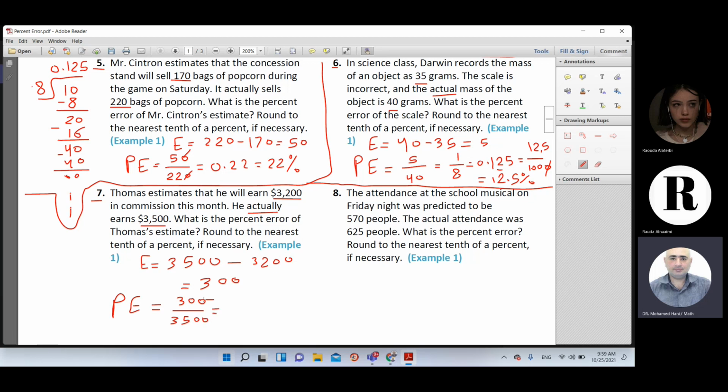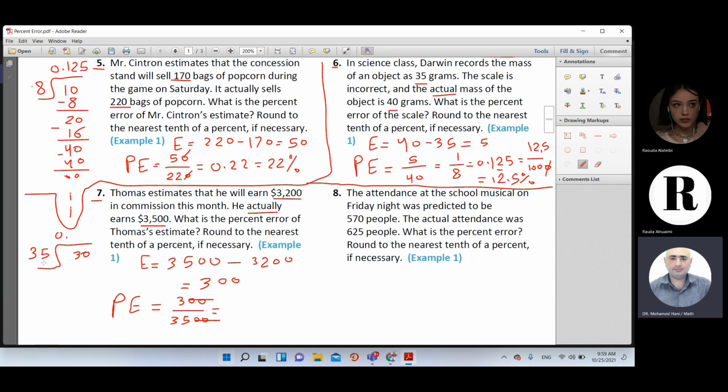We can remove 2 zeros up with 2 zeros down. Then we can do long division. So 3 is less than 35. So we can do here 0 point and put here 0.